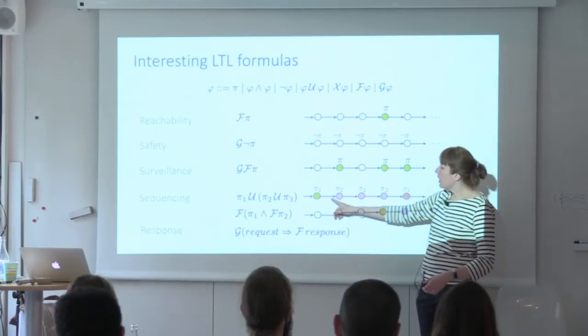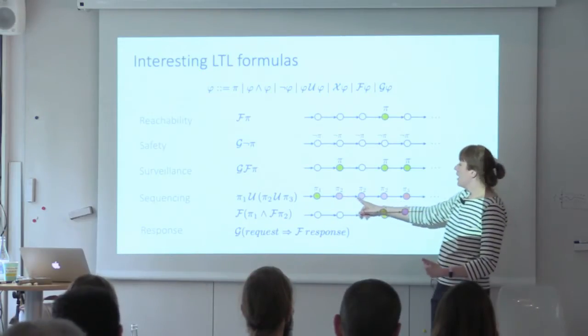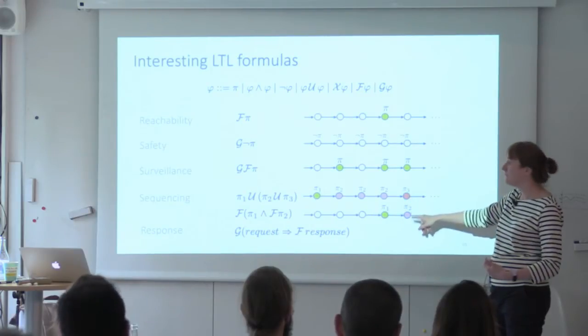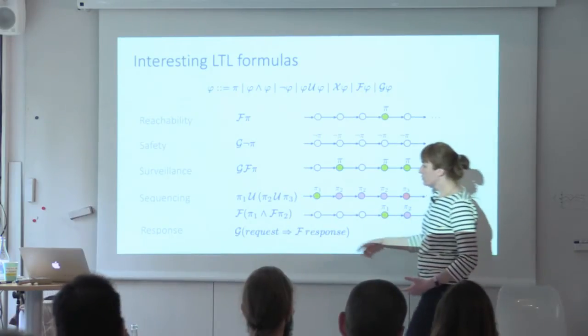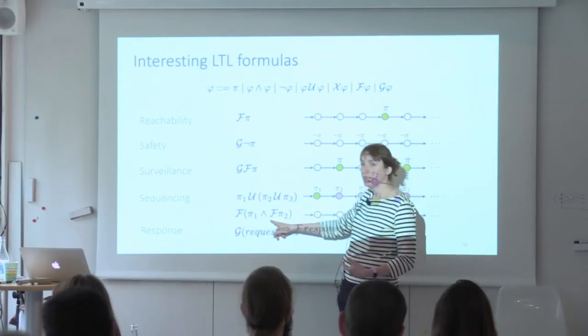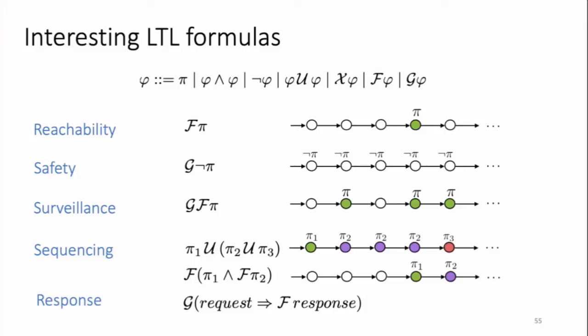Pi1 holds until pi2 starts holding, and that holds until pi3 starts holding. And you can also do sequences like eventually pi1 holds, and eventually after that pi2 holds. So here's pi1, and pi2 can happen here, or here, or here. But if pi2 happens before pi1 and does not happen after it, that formula does not hold.